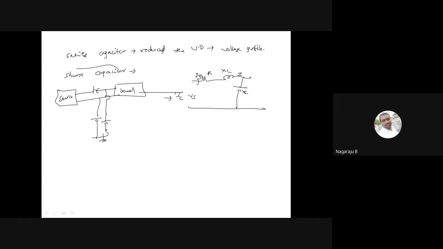Here IR you are going to change with the IC, and finally you will have IR dash, which is a lesser value than IR. So you are decreasing the IR current, which improves the power factor, which improves the voltage profile also. And the total reactance drop is going to improve.